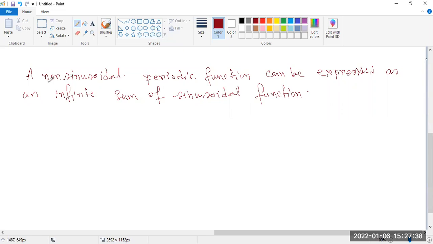Could you get this? A non-sinusoidal periodic function can be expressed as an infinite sum of sinusoidal functions. Okay, this is the Fourier series.